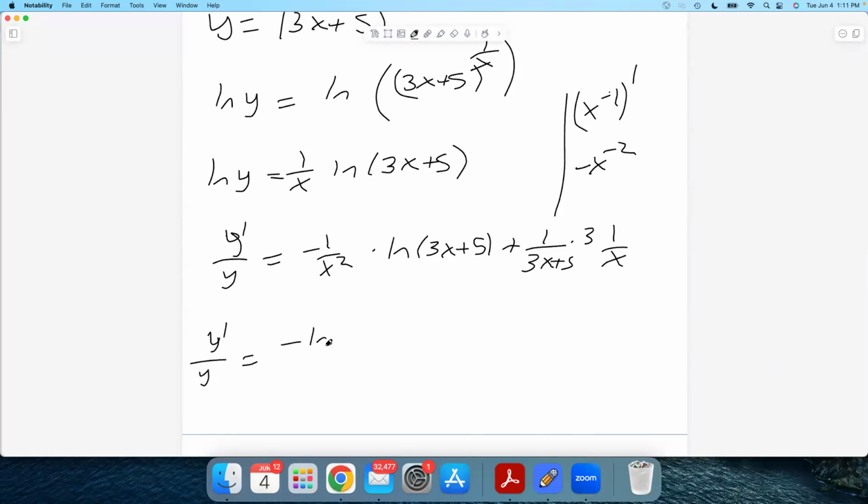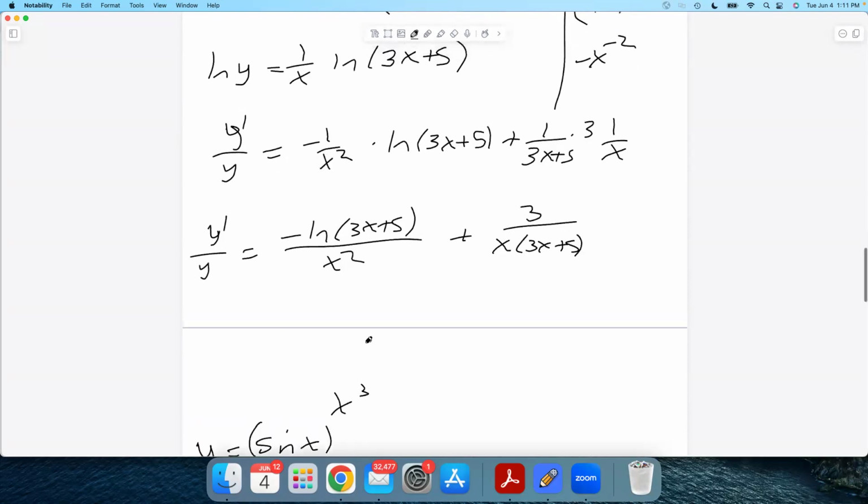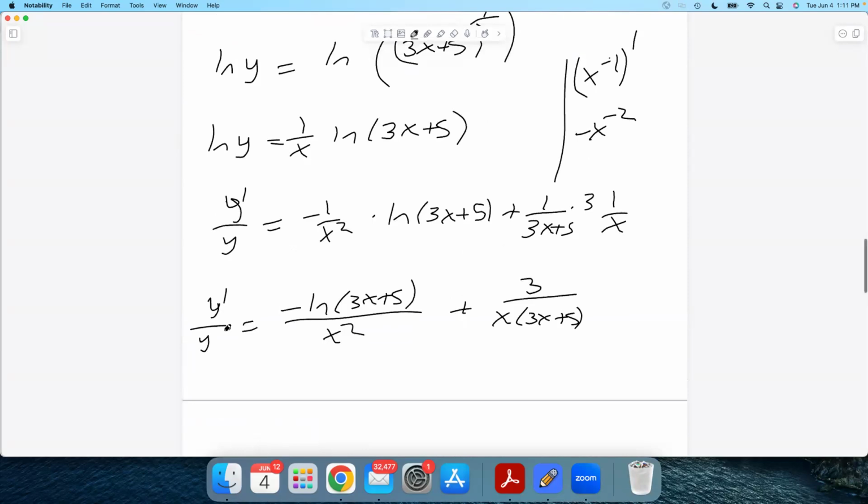This will be negative log of 3x plus 5 over x squared plus, and then we get, what do we get here? 3. I'm going to put the x in front. I need these parentheses. And now we multiply back through by y. May have to make this a little smaller.